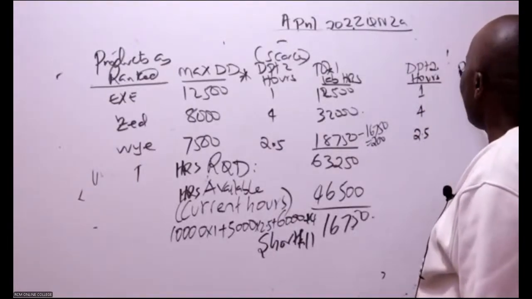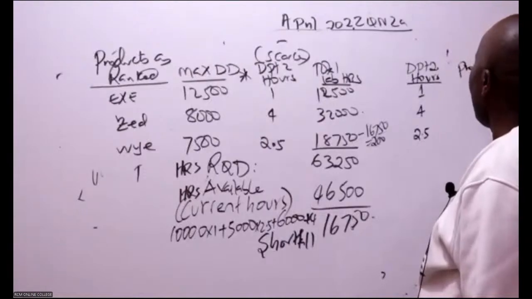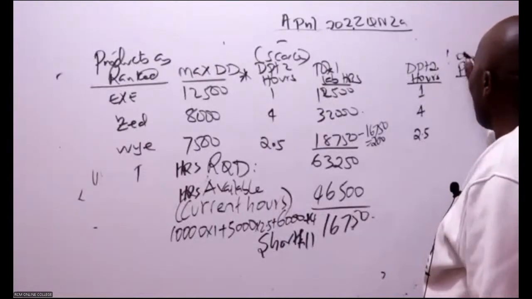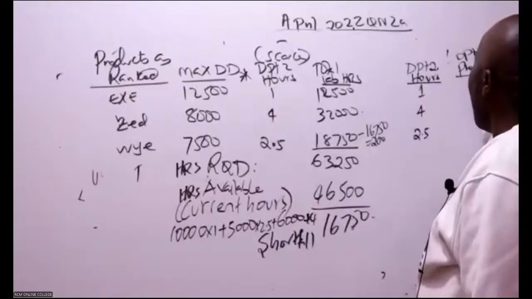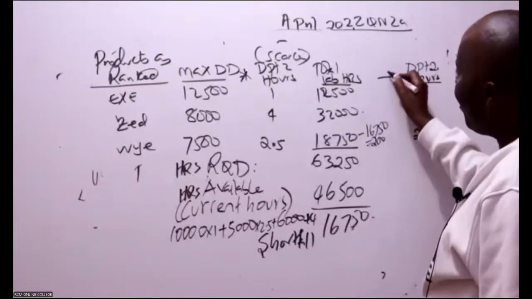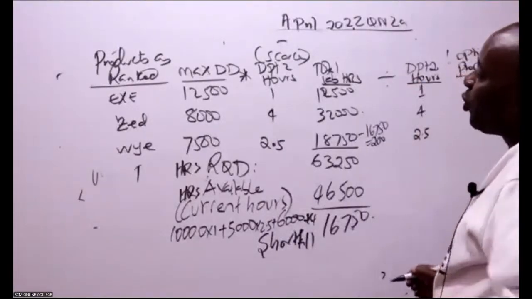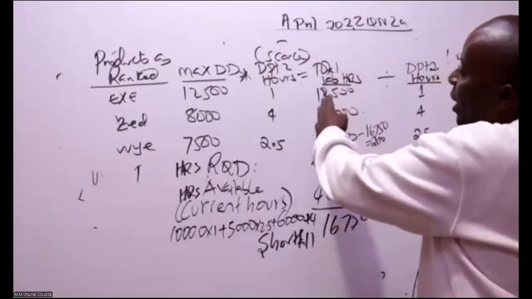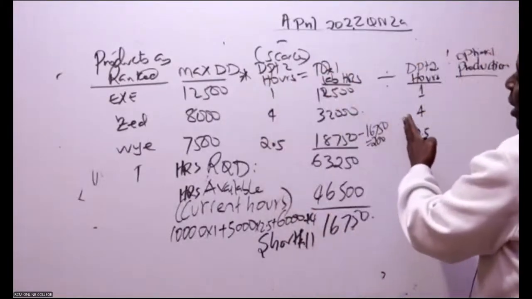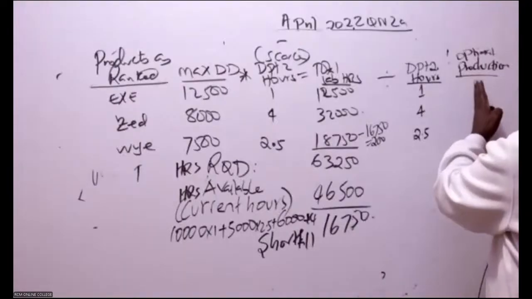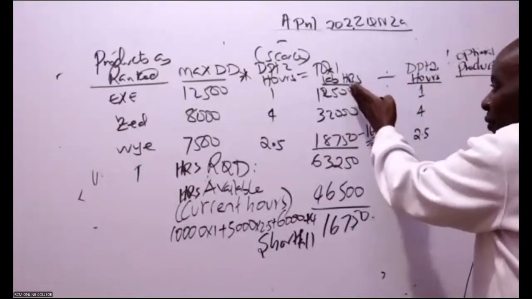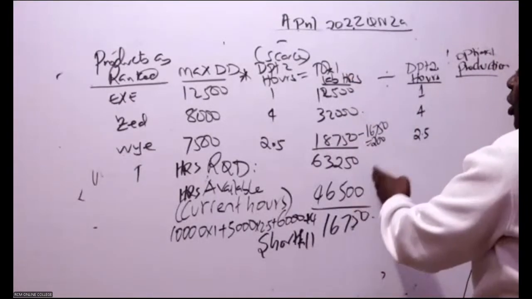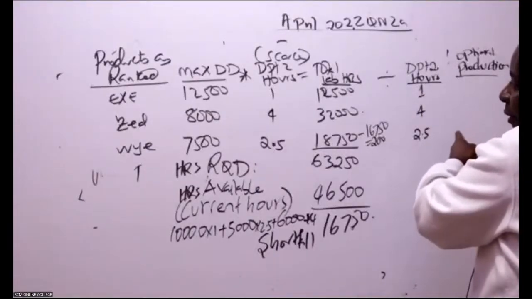And then to get now production, the optimal production, now you do the abracadabra, you divide. To be able to get these total hours, we multiplied. Now to get the optimal production, you take whatever you have here as the total, you divide by these labor hours.